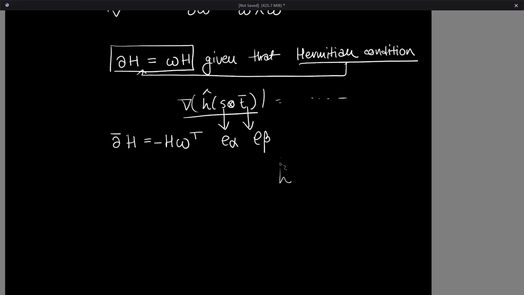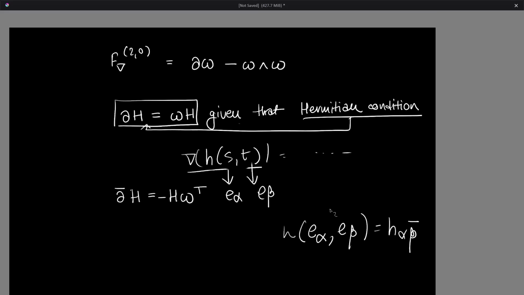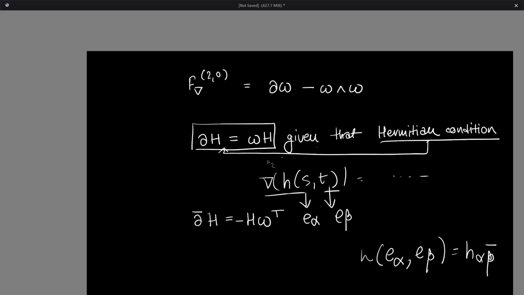We use the fact that h hat of e alpha, in fact we don't use the tensor form, I think we just use the normal form, h of st. So we use the fact that this is equal to h alpha beta bar, and we just expand it out, and then we do the matrix multiply. And if you do the matrix multiply correctly, then you get this result, where these are all matrices.